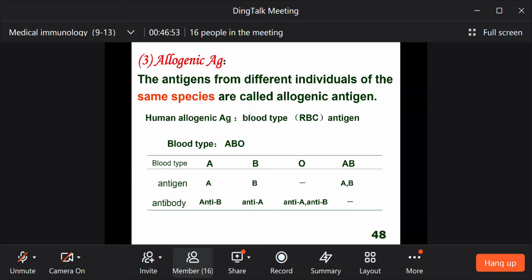Similarly, the second person has the antibody against A blood type cells.